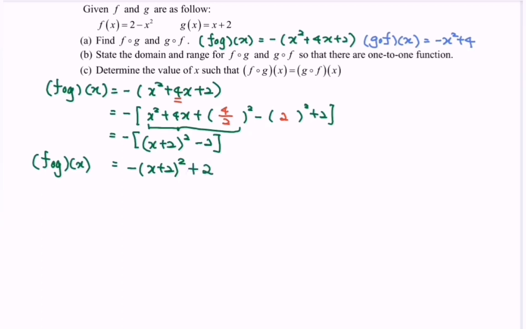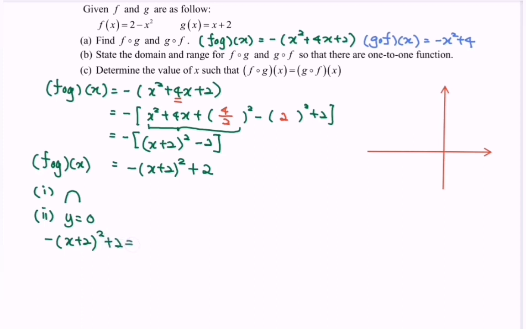By referring to this case, kindly sketch the graph. Number 1, we notice the shape of the graph has a negative sign, so the graph is an N shape, or maximum shape. Number 2, find the x and y intercepts. When y equals 0, substitute, and we have negative (x plus 2) squared plus 2 equals 0.